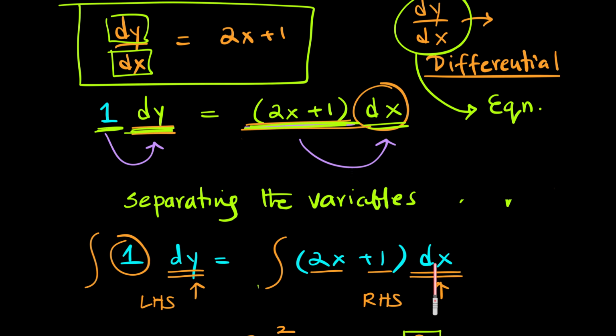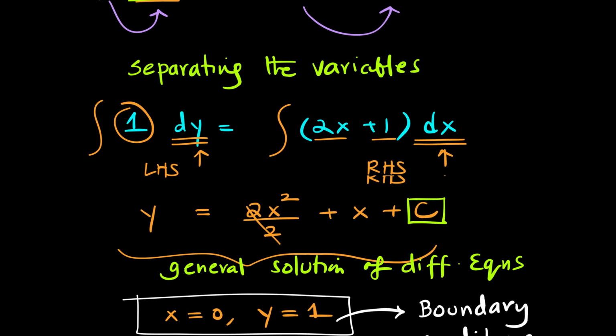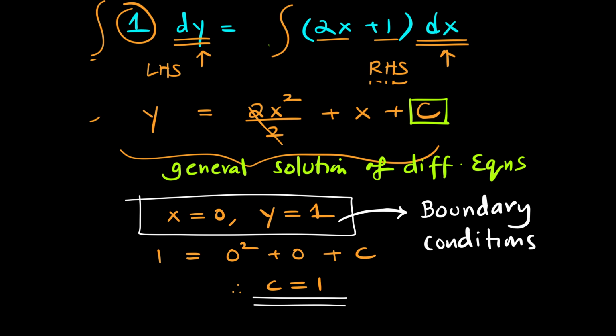And then we proceed. Now a question arises: there are two integrations happening, and they both have their constant of integration. What we do is simply write one constant of integration, which is basically a subtraction of these two.